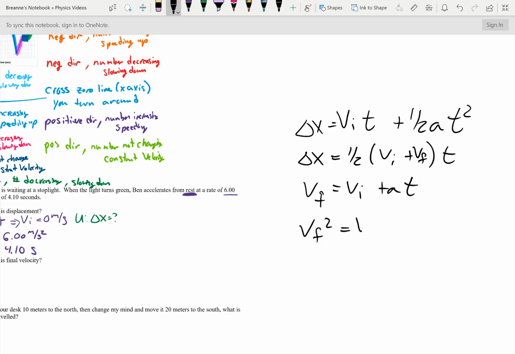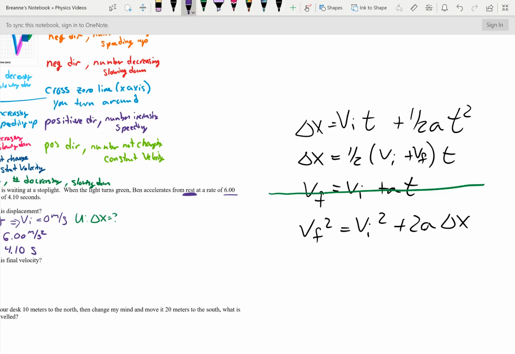Vf squared equals vi squared plus 2a delta x. The first thing is our unknown has to be in our equation. If our unknown is not in our equation, we can't use it. So vf equals vi plus at does not have delta x, so we cannot use it.